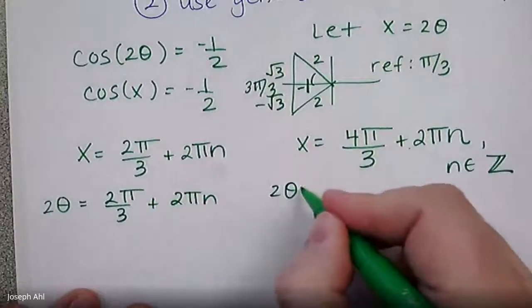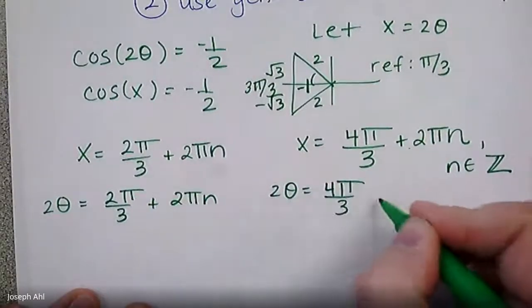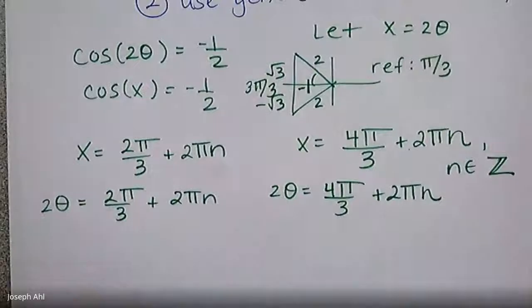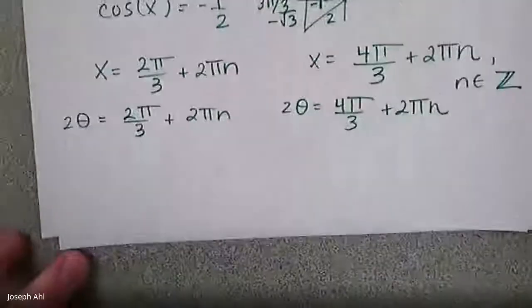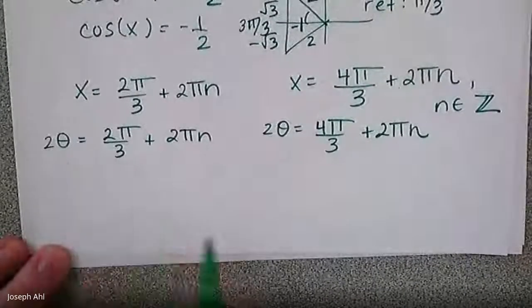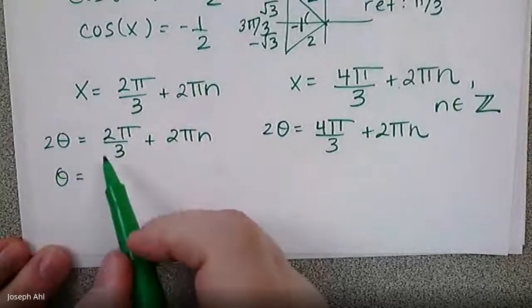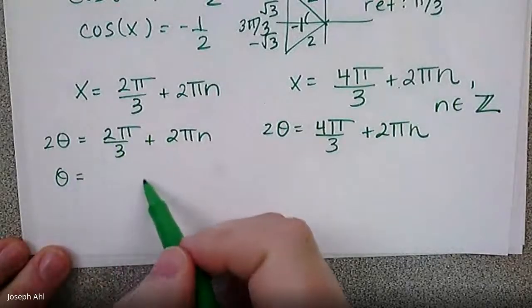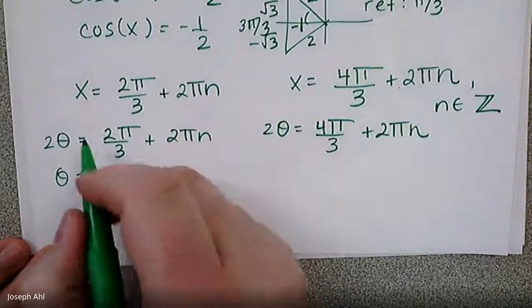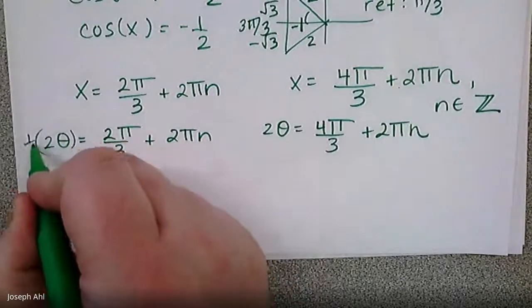Same thing over here. 2 theta equals 4 pi over 3 plus 2 pi n. Okay, we're going to start getting solutions for theta in just a moment here. But the first thing I have to do to get theta alone is divide by 2. When you divide by 2, 2 pi over 3 divided by 2 looks weird. So remember, dividing by 2 is like multiplying by a half.